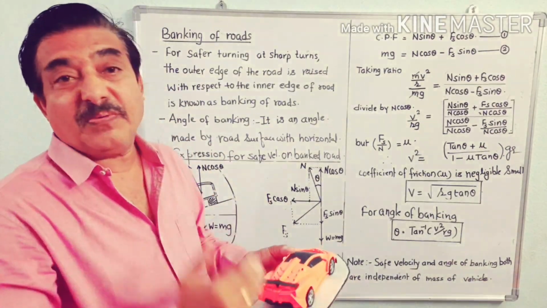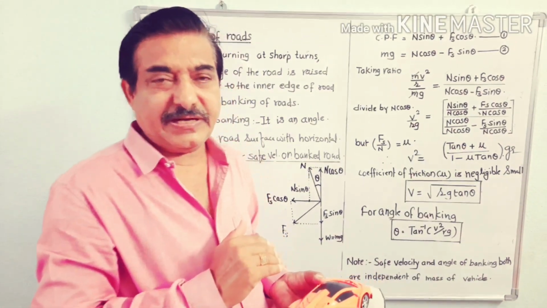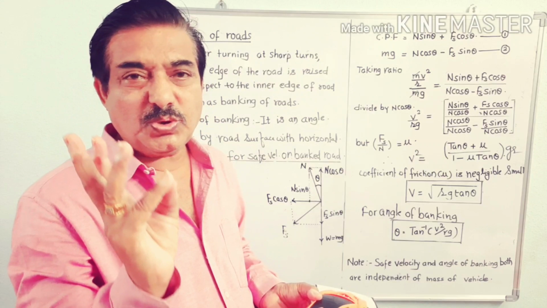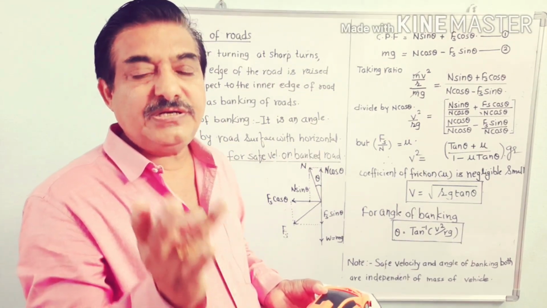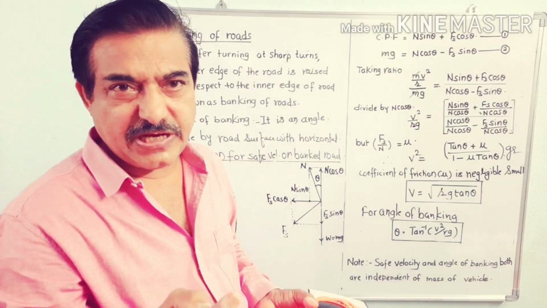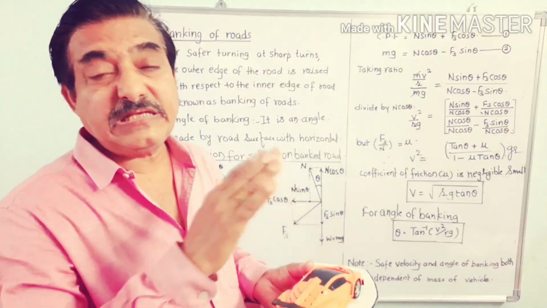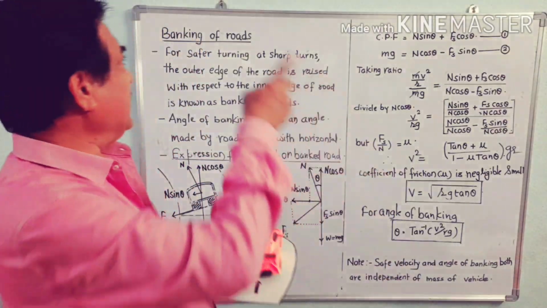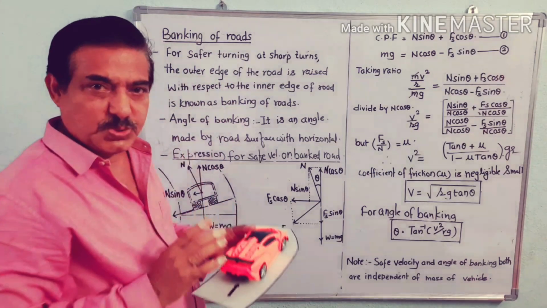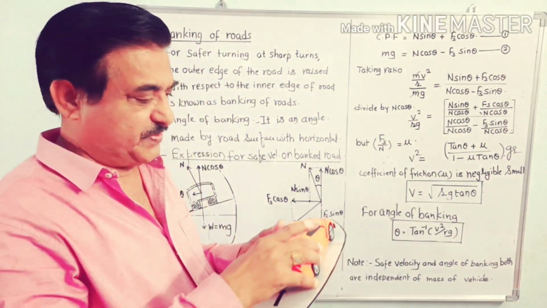All these possibilities of accidents, due to low safe velocity, skidding of the vehicle, bursting of the outer tire, and uplifting of the inner tire, are minimized in the case of banked roads. How are these possibilities reduced?